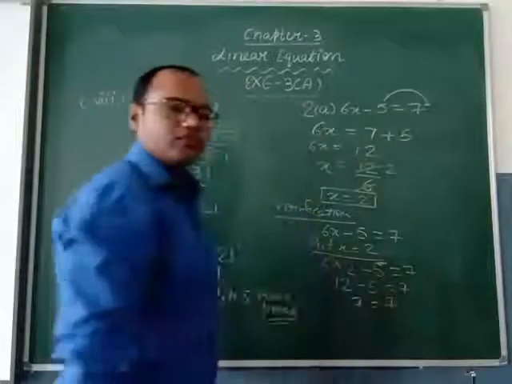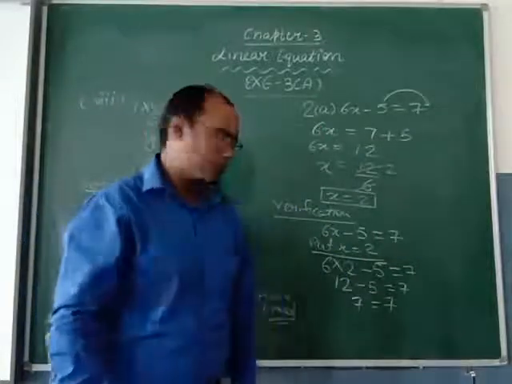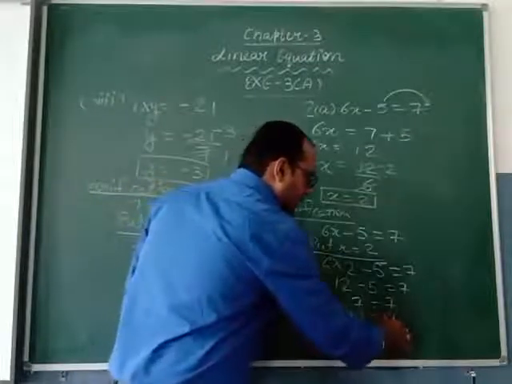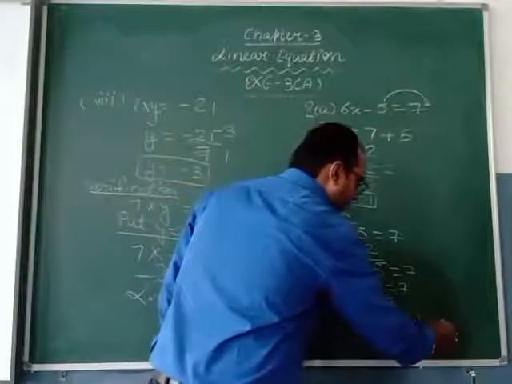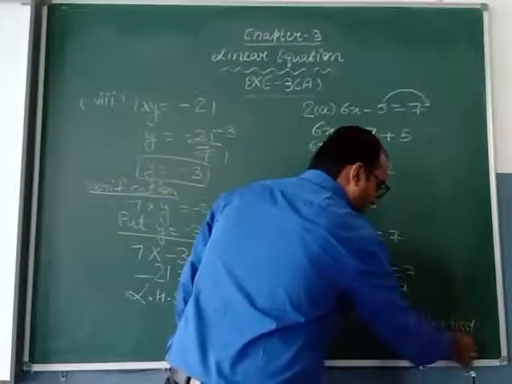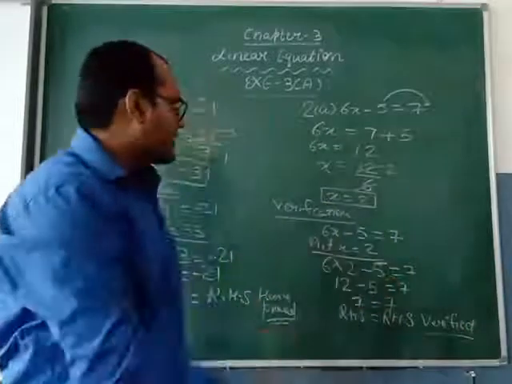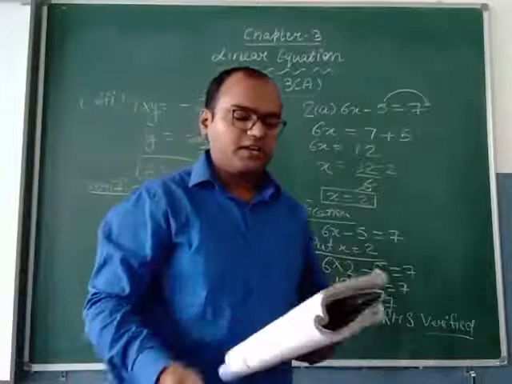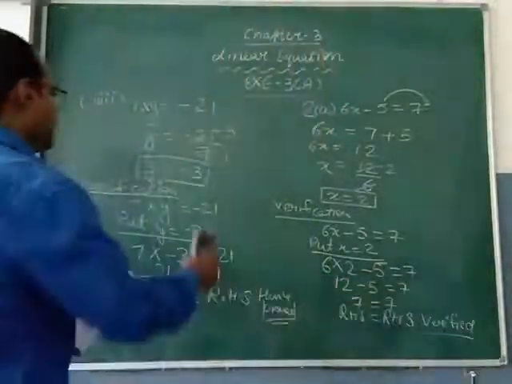Now here you will observe both the sides are coming the same. So we will write left hand side is equal to right hand side, verified, or you can write hence proved. So like this you have to do second question A part. Now C part, number C.